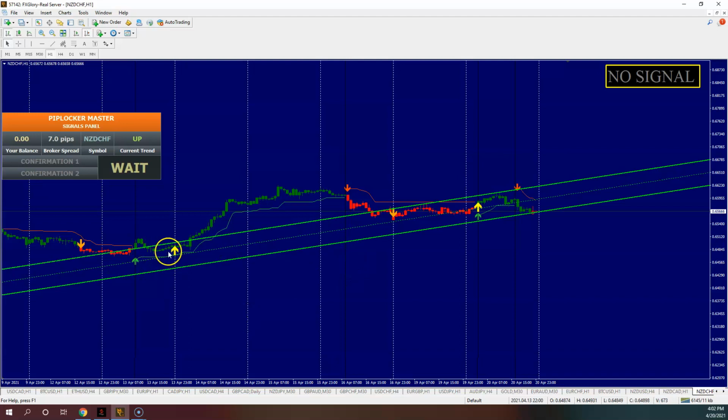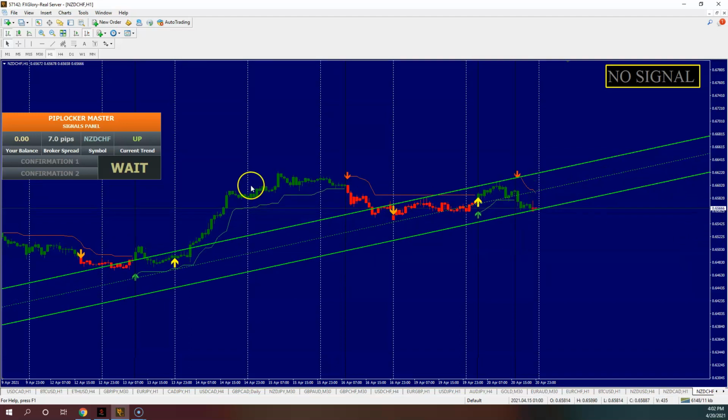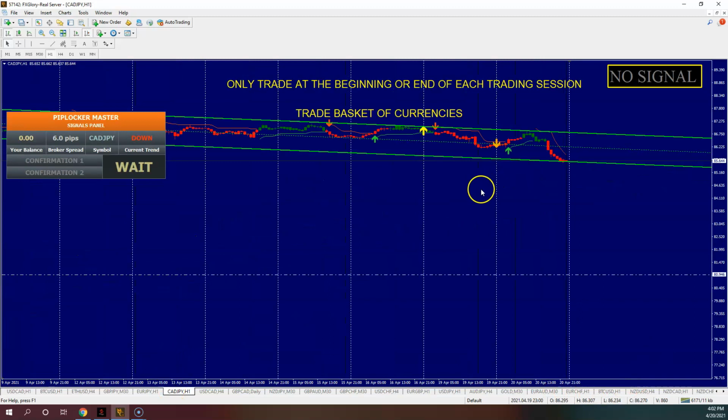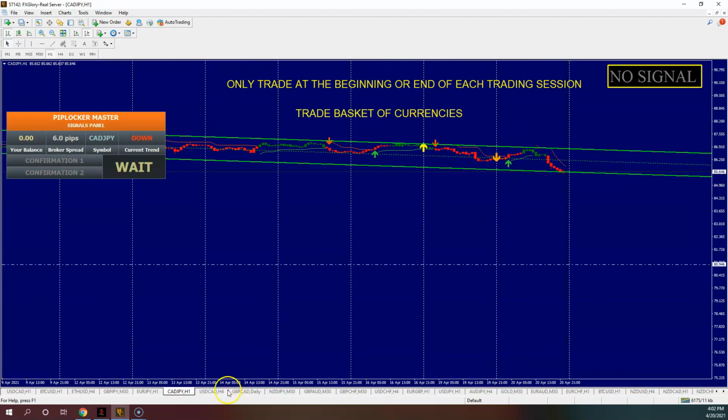Okay. And also, if you look at this perforated line, this is the opening of the Asian session right here. And notice that from the Asian session to the New York session, it continued to rally on New Zealand Swiss. And so right now the pair that I am focusing on is the Canadian dollar, okay, because the Canadian dollar is weak.